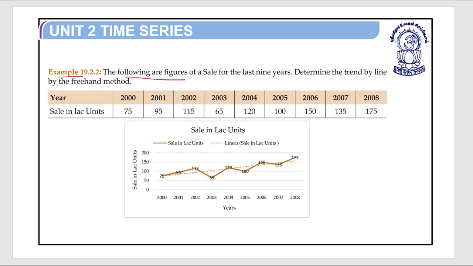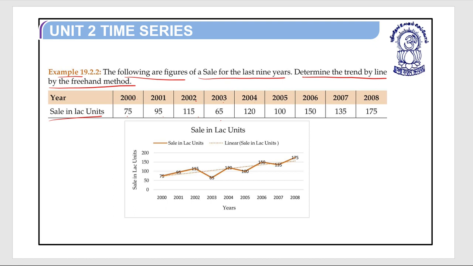Example: the following are figures of sales for the last 9 years. Determine the trend line by the freehand method. Sales in lakh units for the years 2000, 2001, 2002, 2003, 2004 up to 2008 are 75, 95, 115, 65, 120, 100, 150, 135, 175.